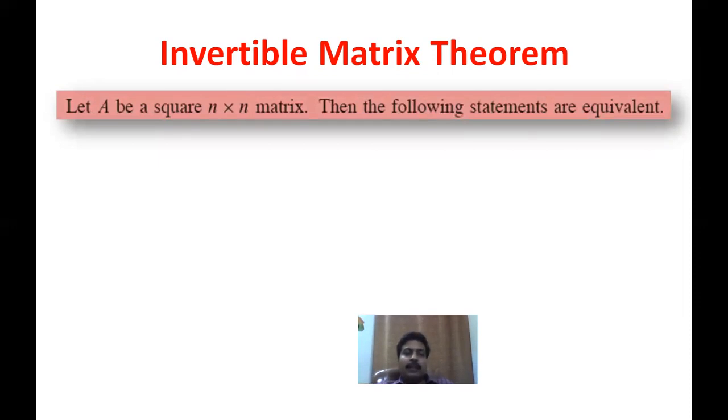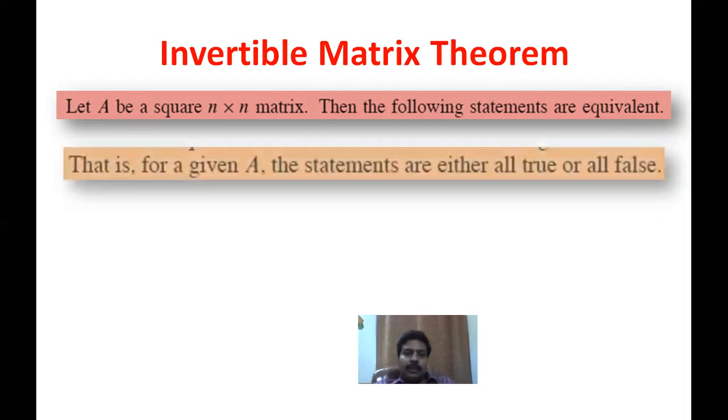Let A be a square n by n matrix. Then the following statements are equivalent. That is, for a given A, the statements are either all true or all false. If one statement holds, all the statements hold true. If one is false, all the statements are false.